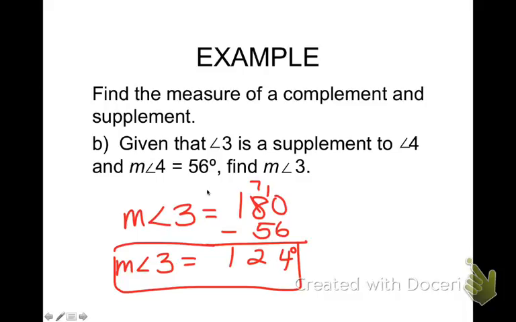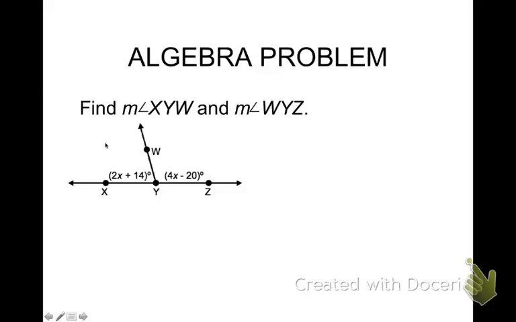All right, and we're going to end with the algebra problems. So our first algebra problem, do we have supplementary or complementary angles? Well, are they adjacent first? Yes. So are they adjacent complementary or adjacent supplementary?